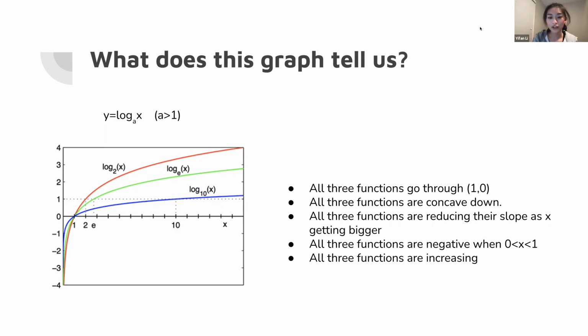All three functions go through the coordinate (1, 0), which means that all logarithmic equations pass through (1, 0). All three functions are concave down, and they are reducing their slope as x becomes bigger. They are negative when x is less than 1 and greater than 0, and all three functions are increasing, as you can tell.